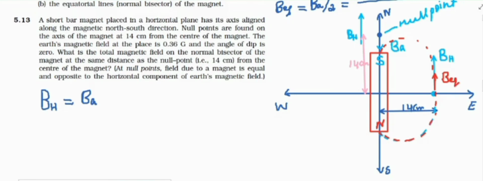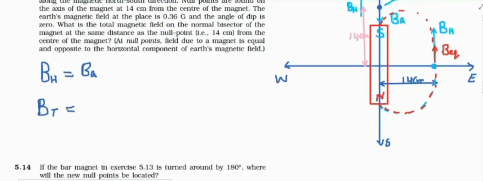So then what is the total magnetic field at this point? The total magnetic field B total is equal to, as both Earth magnetic field and B equatorial are in the same direction, BH plus B equatorial.